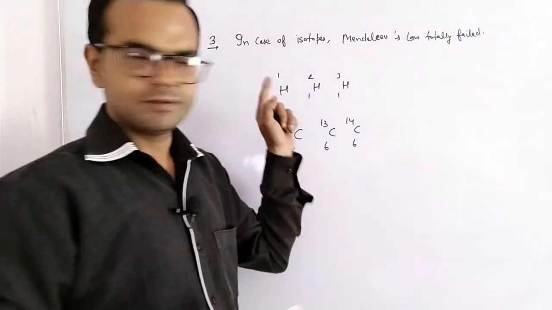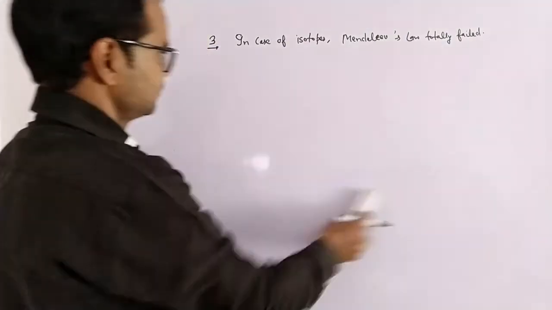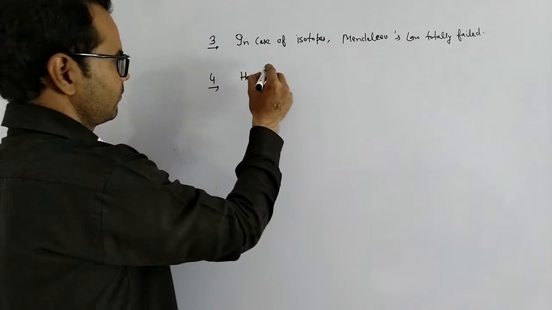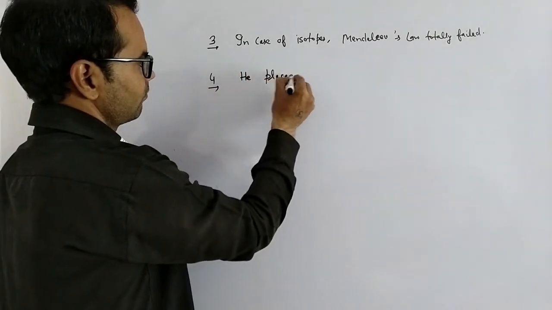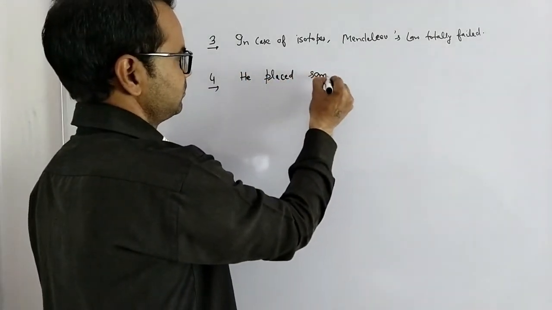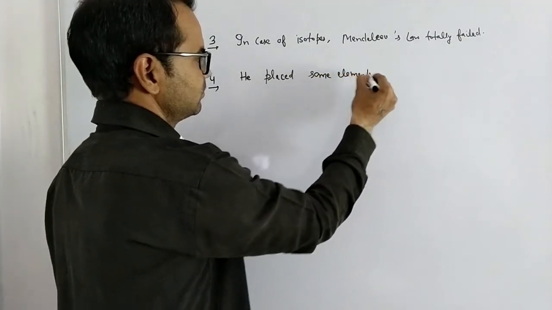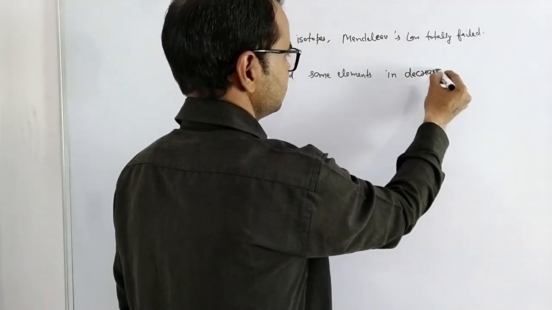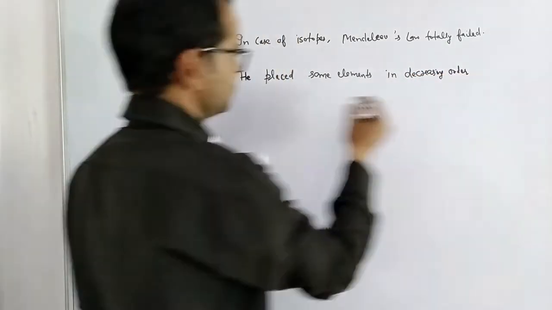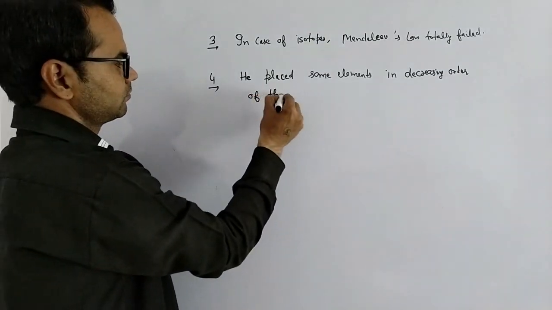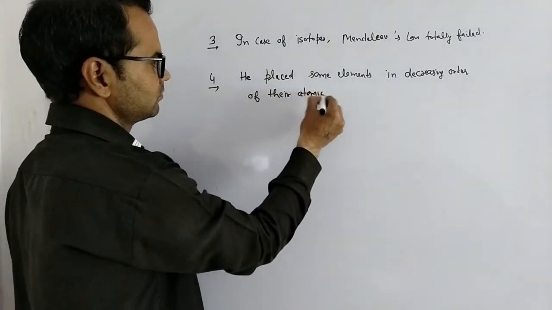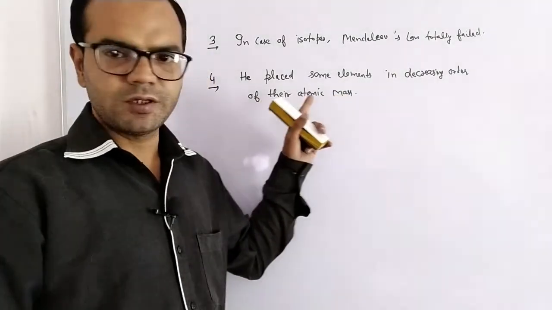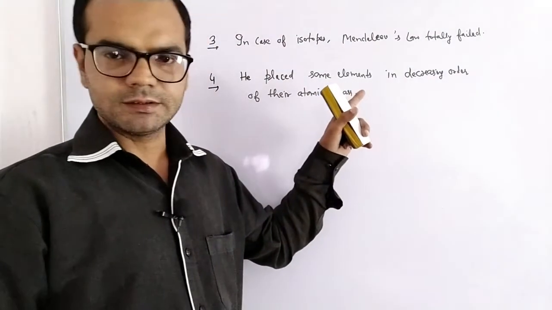And the fourth limitation: Mendeleev's law was based on increasing order of atomic mass.